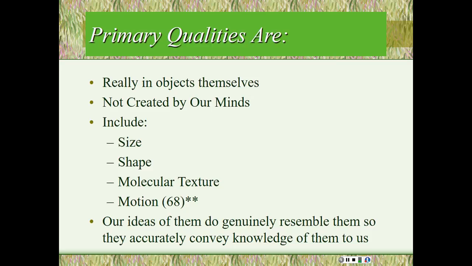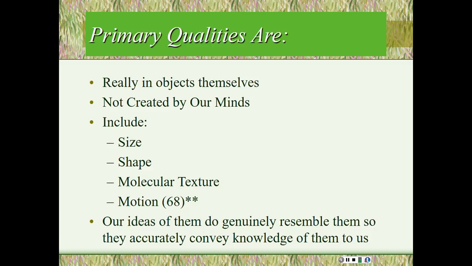Those colors, again, are subjective and in us. There's nothing in my experience that resembles something that's actually in the whiteboard regarding color. So there's a difference between appearance and reality.